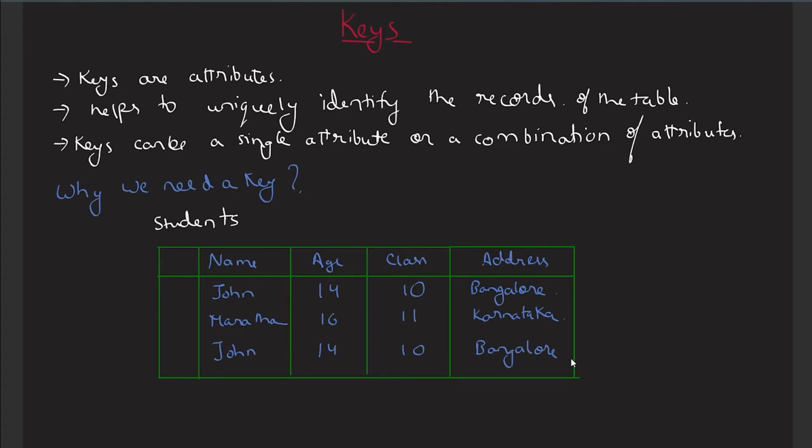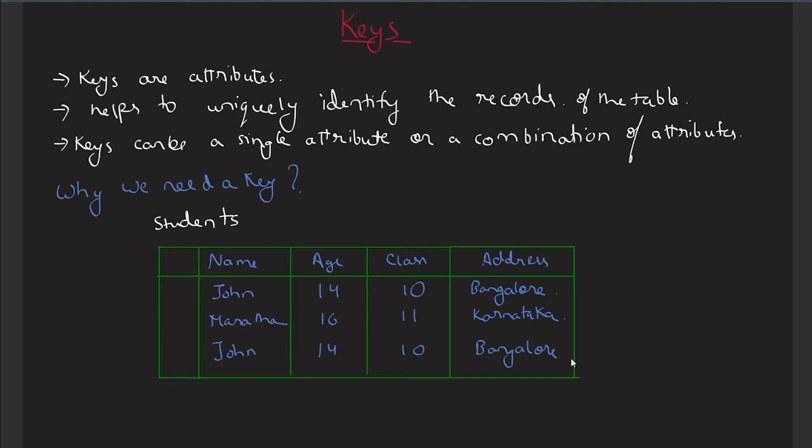Now it can happen in the schools, in the colleges, that some students have the same name, same age, same class, and they also belong to the same address. It can happen, and the data is now stored in the database.